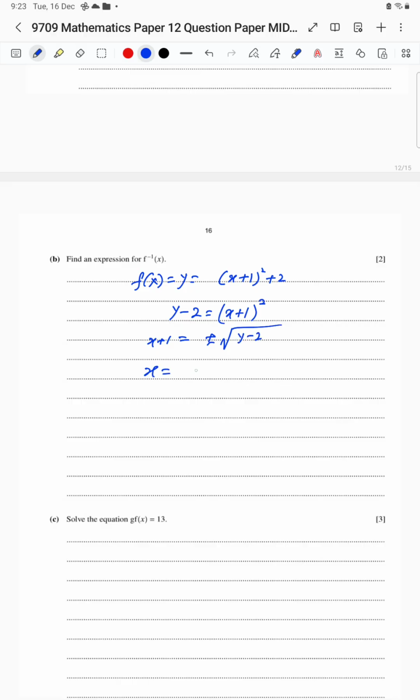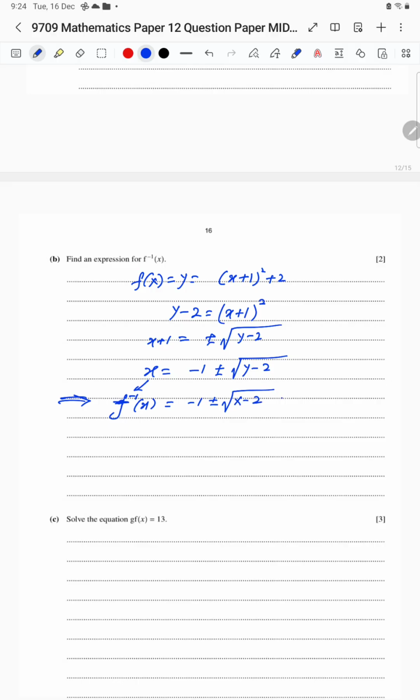X will be minus 1 plus minus root y minus 2. Now replace, and this becomes f inverse of x, and it will be minus 1 plus minus root x minus 2.